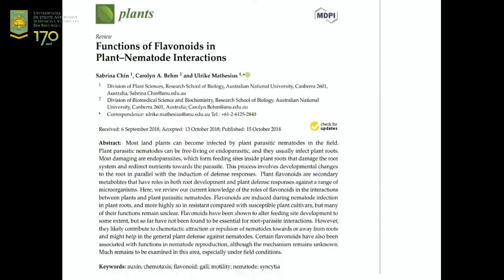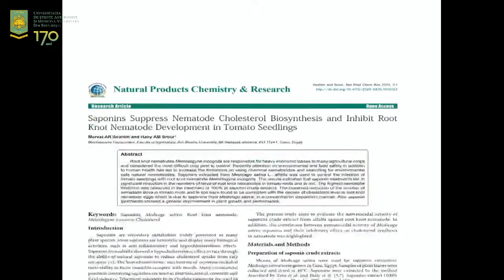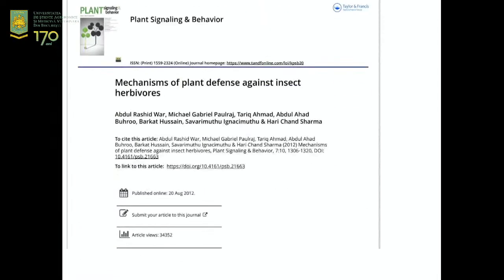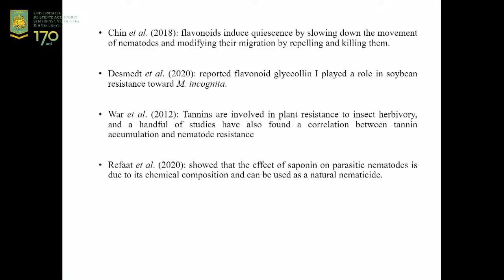Different authors have reported these phytochemicals being responsible for the management of nematodes, just to acknowledge a few. Chin 2018 reported flavonoids being responsible for inducing quiescence by slowing down the movement of nematodes, and also modifying their migration by repelling and killing them.